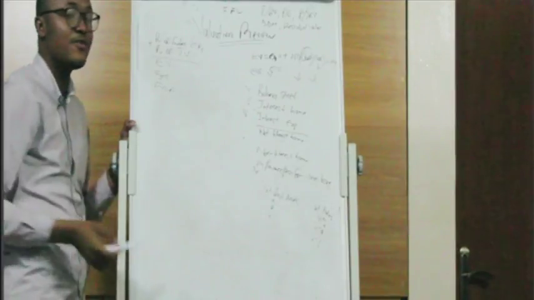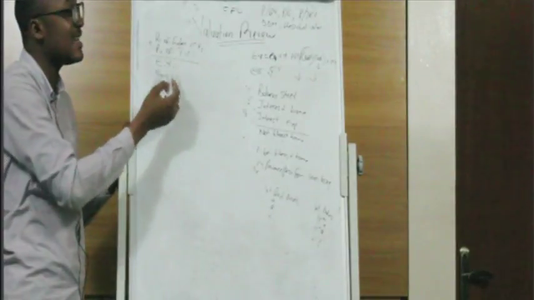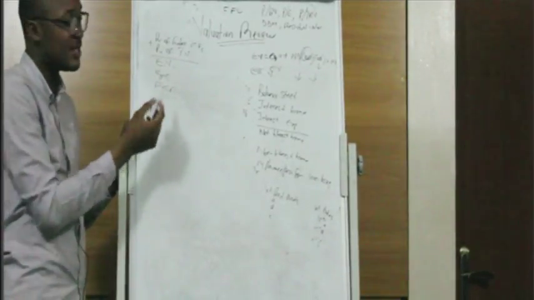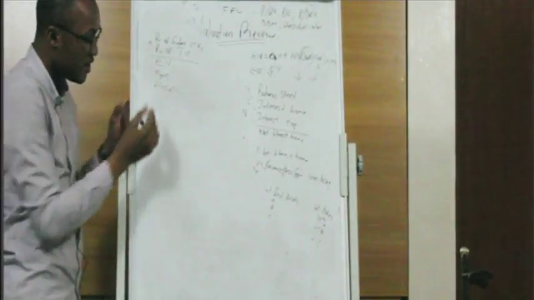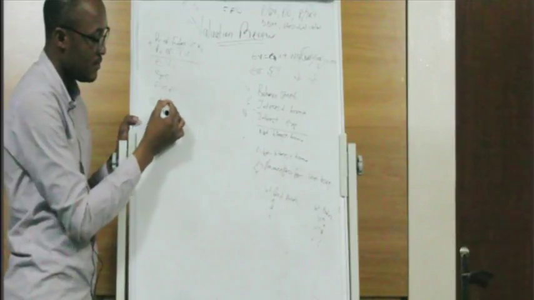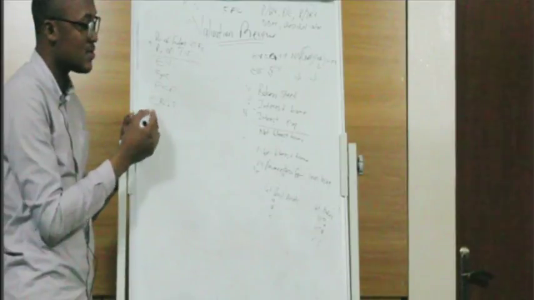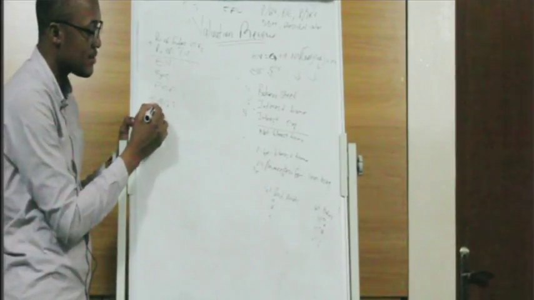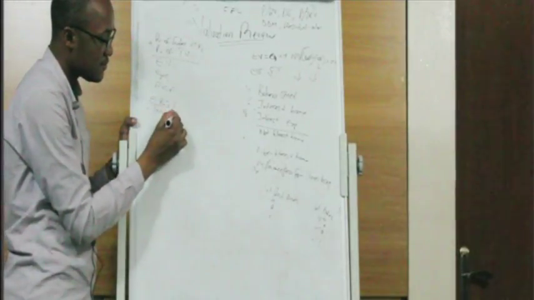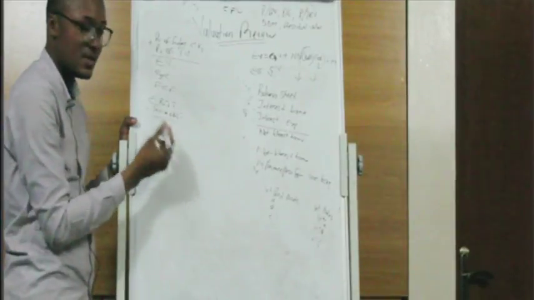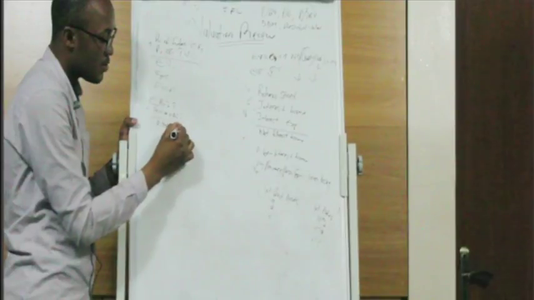So for a DCF analysis, you need to understand how to get the free cash flow. When we are forecasting the income statement, all we are trying to do is to get the free cash flow. So how do you get your free cash flow? You start with your EBIT. EBIT is earnings before interest and tax. And then you subtract your tax, so tax on EBIT. That gives you NOPLAT, net operating profit less adjusted tax.